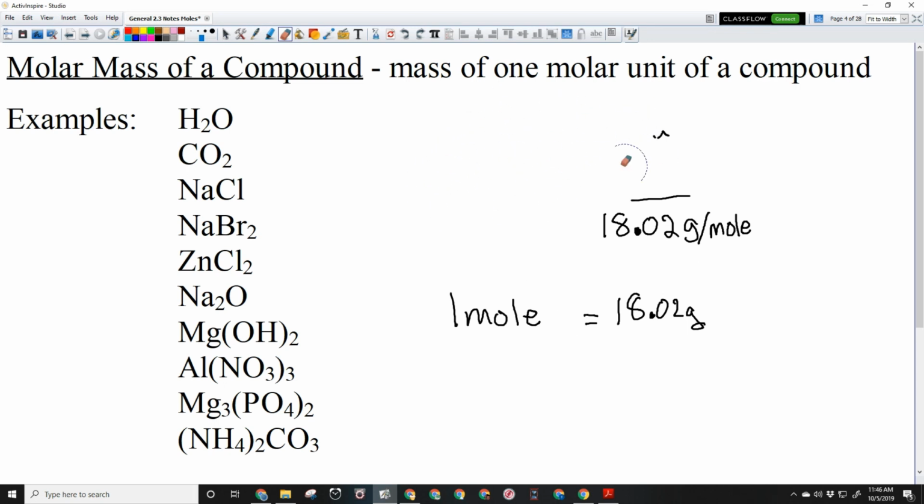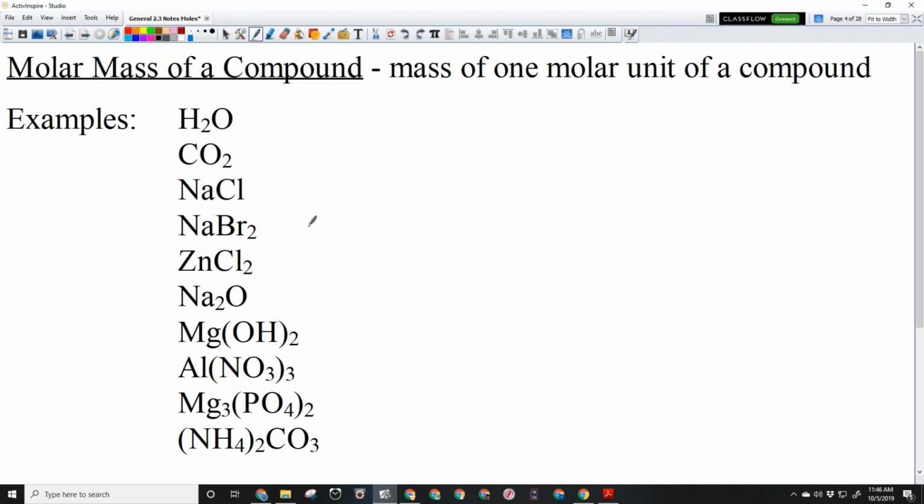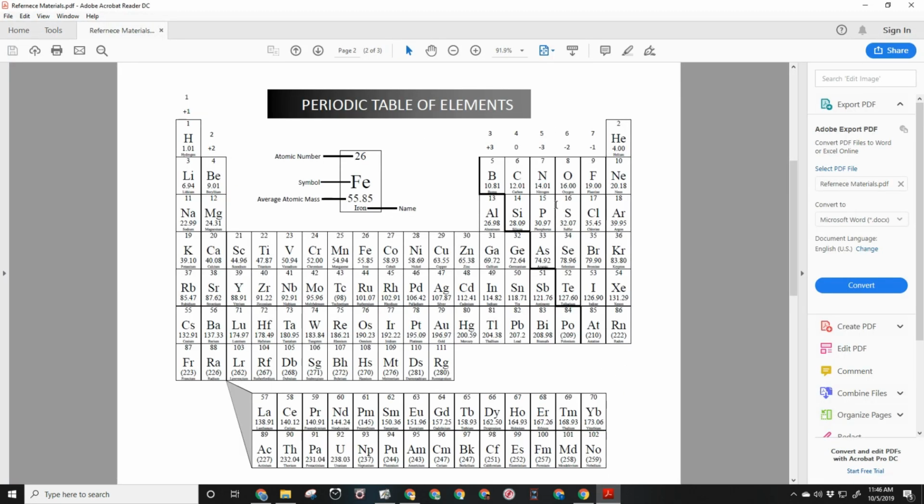Okay, so if we were going to do another example, let's do NaBr2. So we have Na and Br. So how many sodiums do we have? 1. And bromine, we're going to have 2. So if we multiply this by the molar mass of sodium, the molar mass of sodium is 14.01.